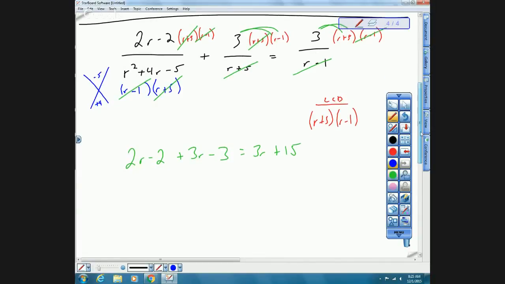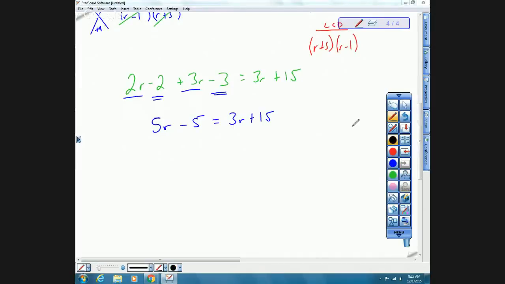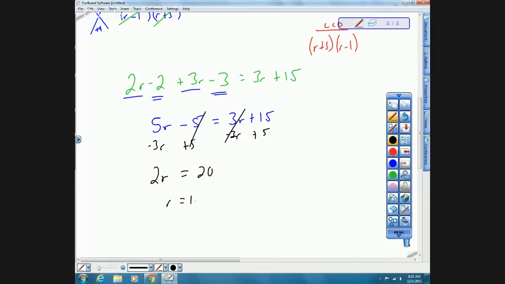And we just have to solve it by combining like terms. So 2r plus 3r is 5r. Negative 2 minus 3 would be negative 5. Subtract 3r from both sides to get 2r. Add 5, you get 20, and divide by 2.